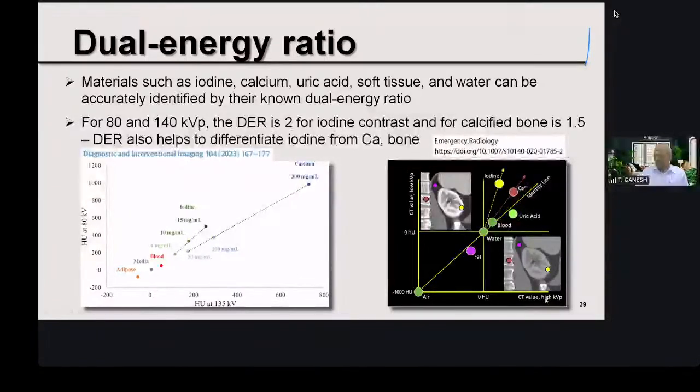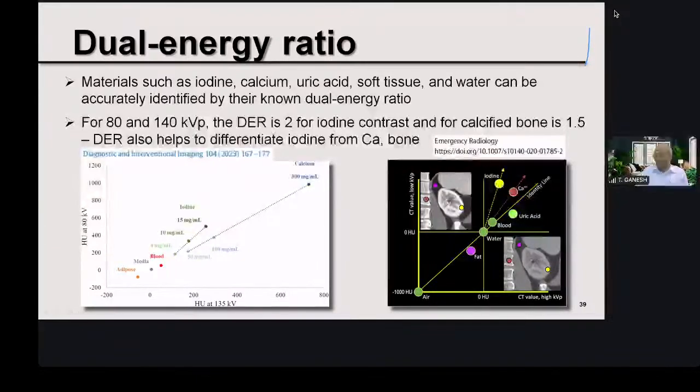Whatever the energy, high kVp or low kVp, air has got minus 1000. Water, whether it is high kVp or low kVp, always has 0.